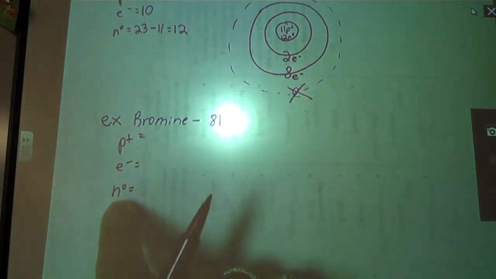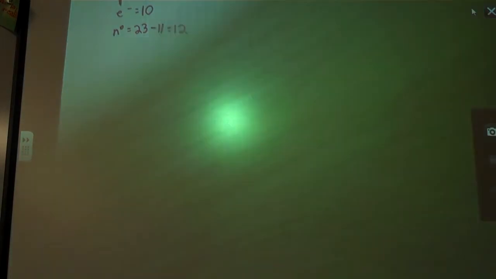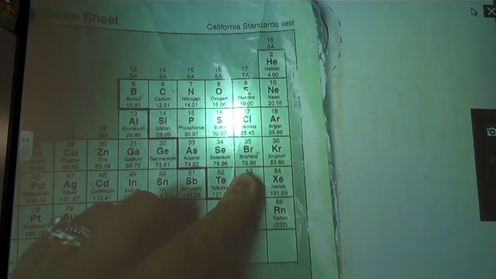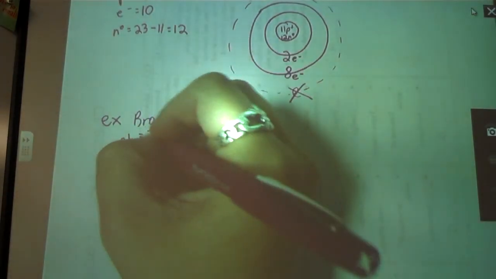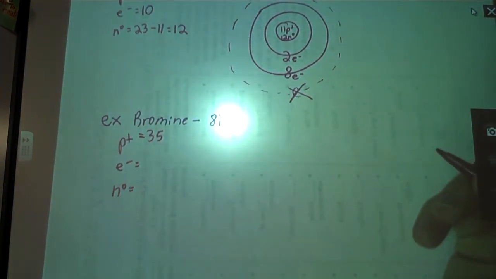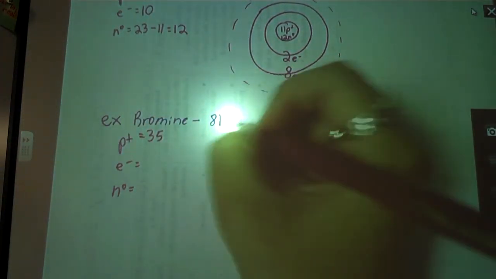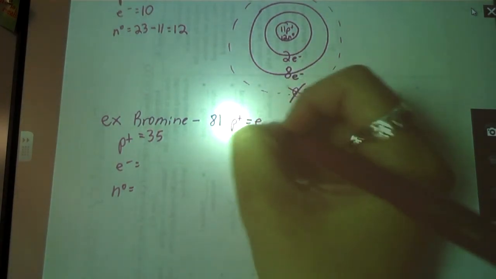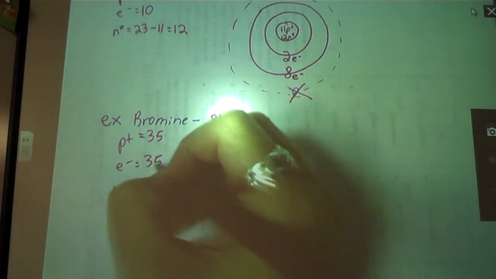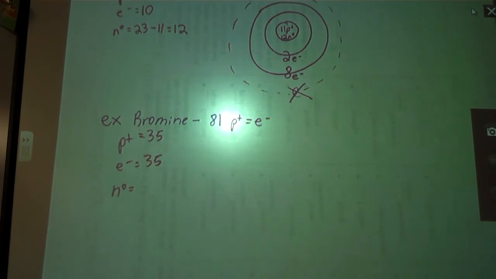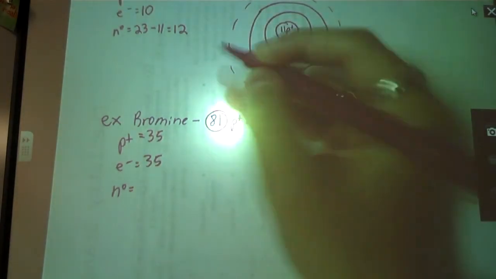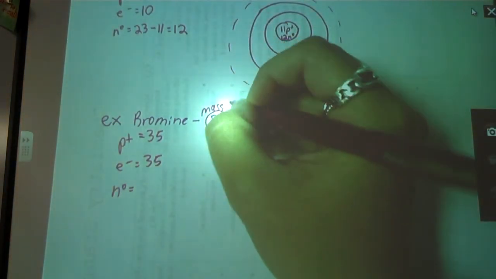So this will be the only number that's different from a regular bromine atom. So here we go. Bromine has an atomic number of 35. We cannot change that. Since this is an isotope, that means that protons equal electrons. So 35 of those little guys. This is your mass number.